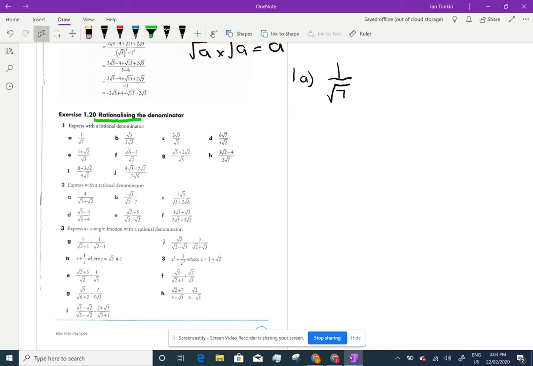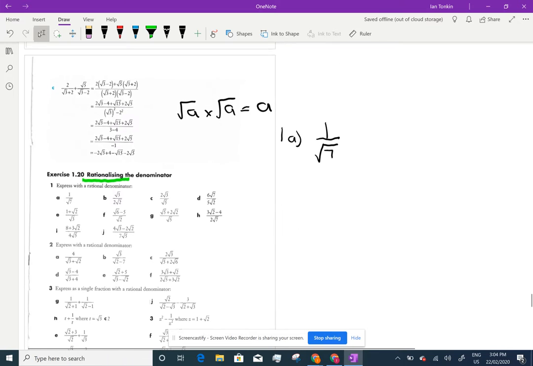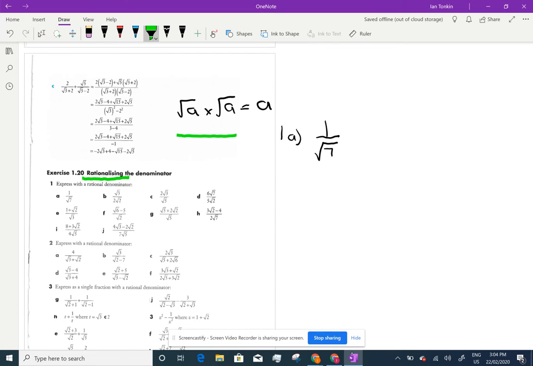A rational number is a number that can be written as a fraction or a whole number, so not a surd. We're going to be using this rule: when you multiply the same number, like root 3 times root 3, you get 3. When you multiply root a times root a, you get a.